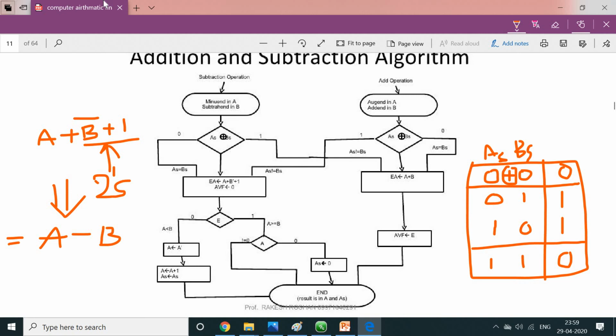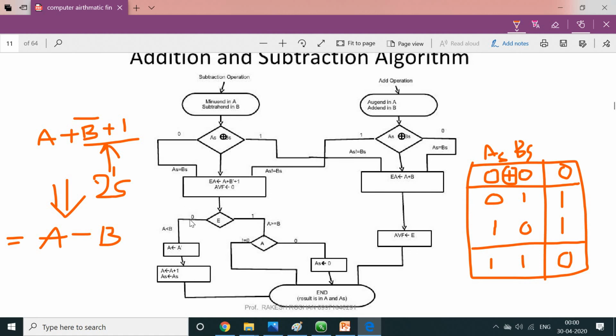If A is greater than or equal to B, we check the A register. If A equals 0, the complete A register value is 0, so the sign is positive and the positive magnitude is stored, with the result in A and the sign bit stored into AS. If A is not equal to 0, A directly holds the sum, because in both cases the result is the sum.